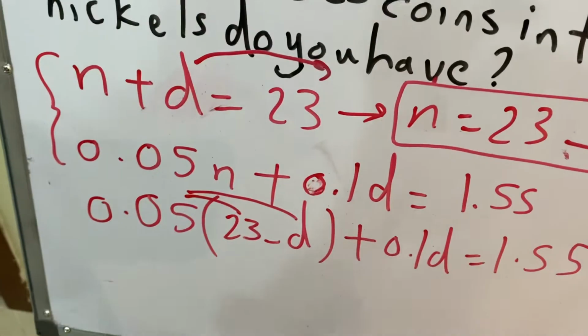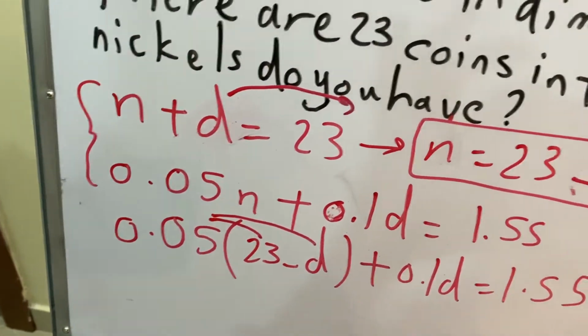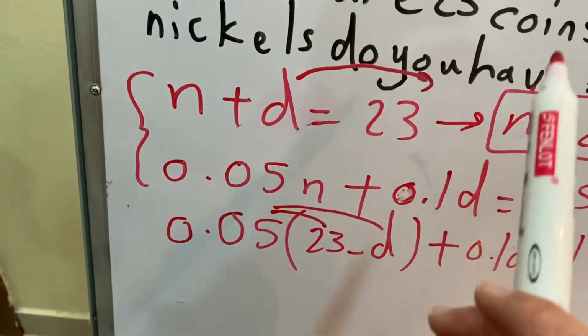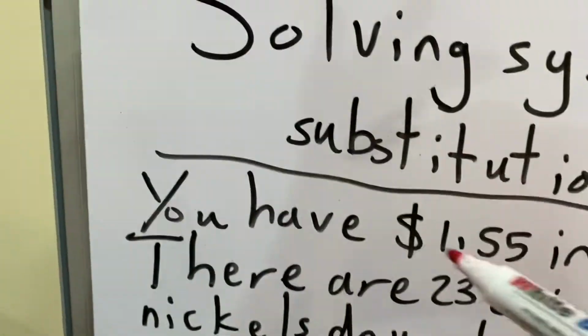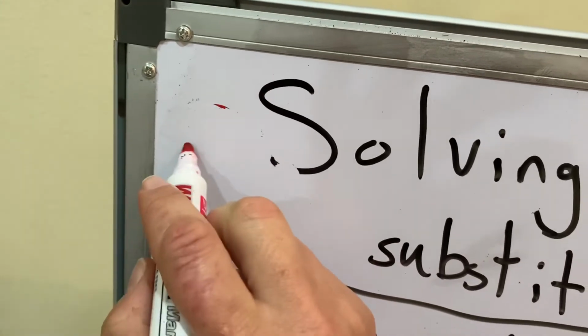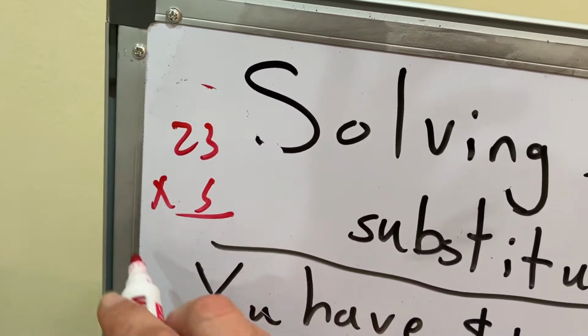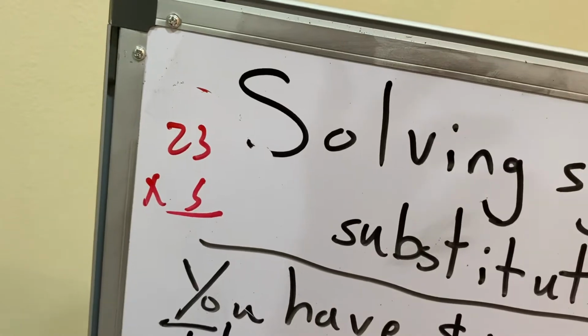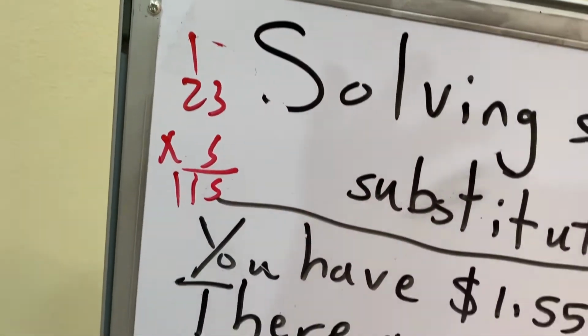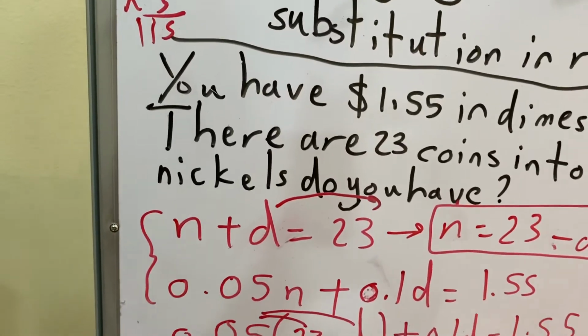Now 0.05 times 23: I can solve it by removing the decimals and multiplying 23 times 5. Then I put back the decimal: 5 times 2 is 10, plus 1 is 11, so it's 115.